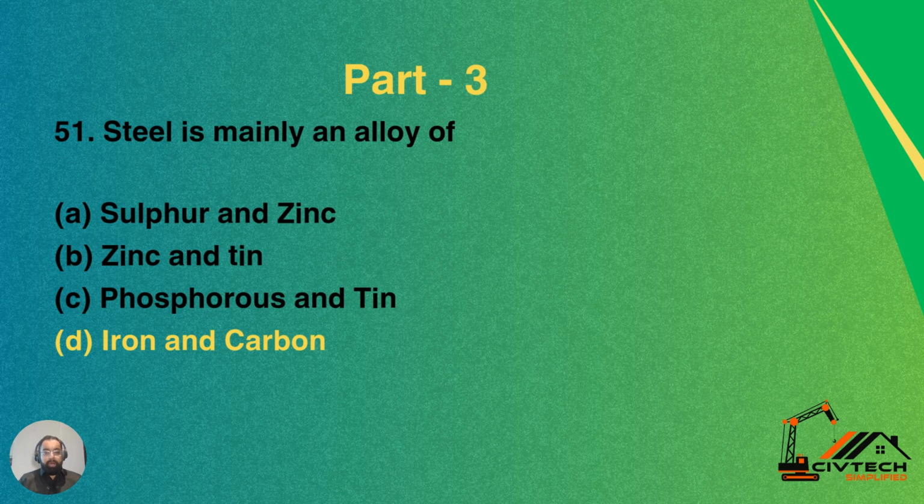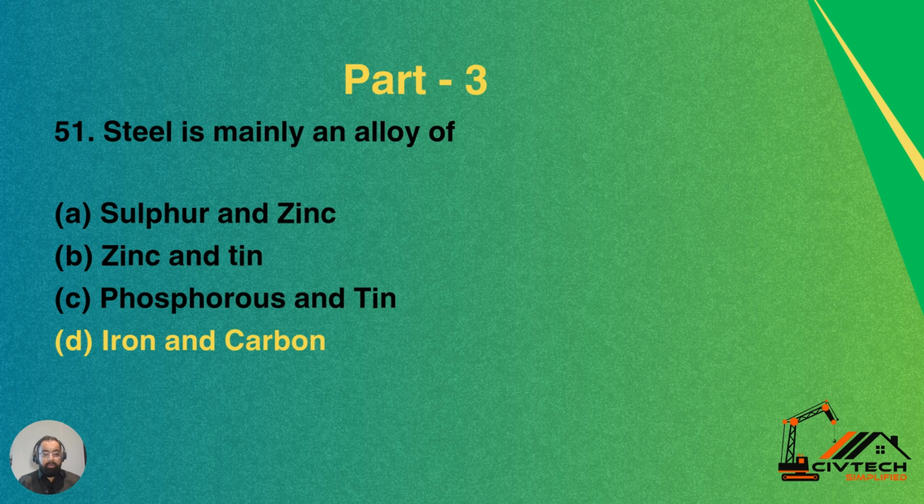So far, we have already covered part 1 and 2 on this topic, and we have presented 50 multiple choice questions. As this is part 3, question number 51 for this part is: steel is mainly an alloy of option A, sulfur and zinc, option B, zinc and tin, option C, phosphorus and tin, option D, iron and carbon.